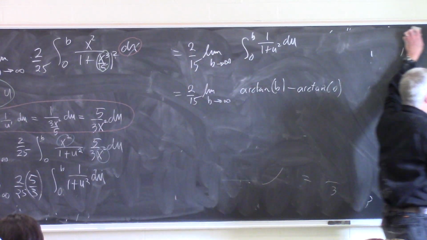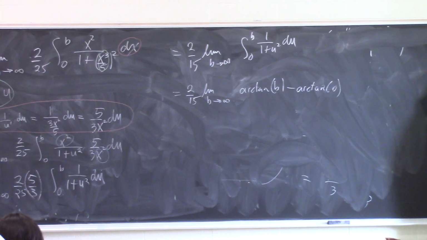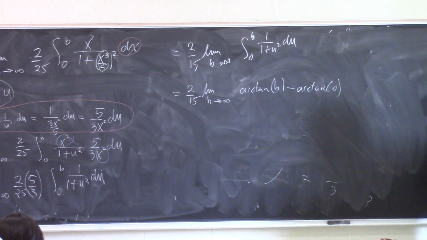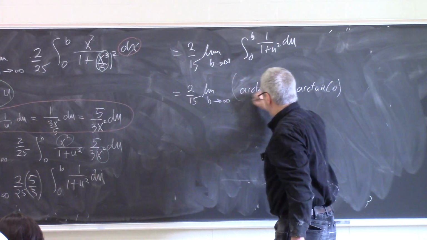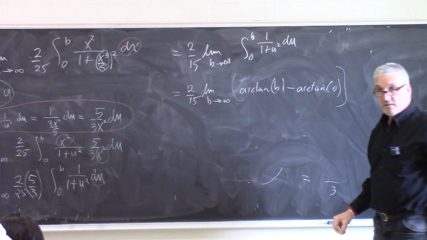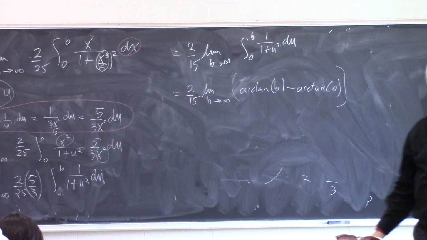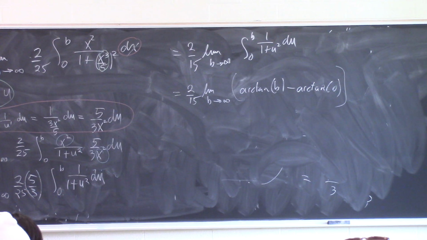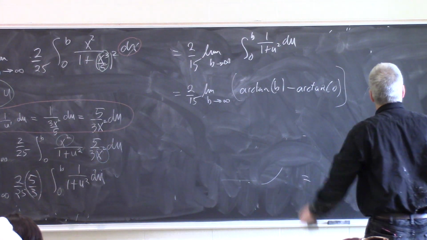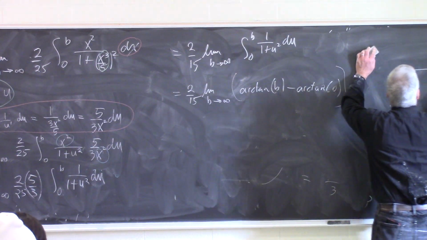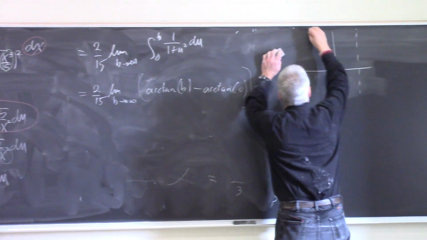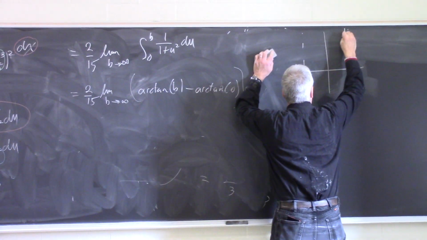Now what's arctan of 0? In other words, what's the angle whose tangent is 0? 0? Yeah, so let's just review things. Here's the graph of y equals tangent of x.